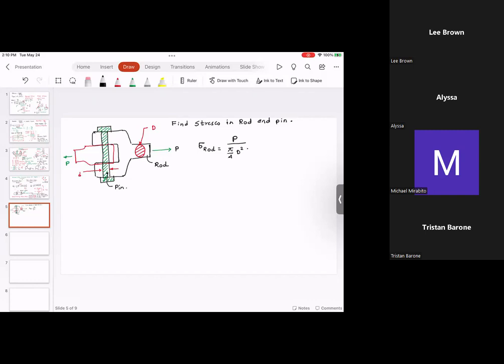Now, if you look at the pin, it is having failures at two sides, two points. The pin can fail over here, the pin can fail over here. If this pin has to fail, it would fail in something called double shear.